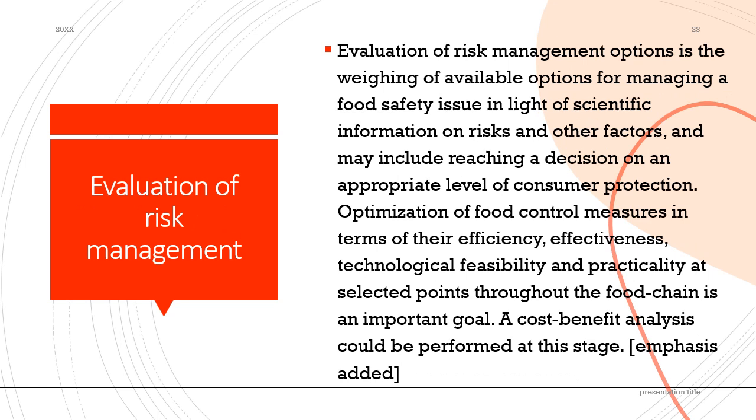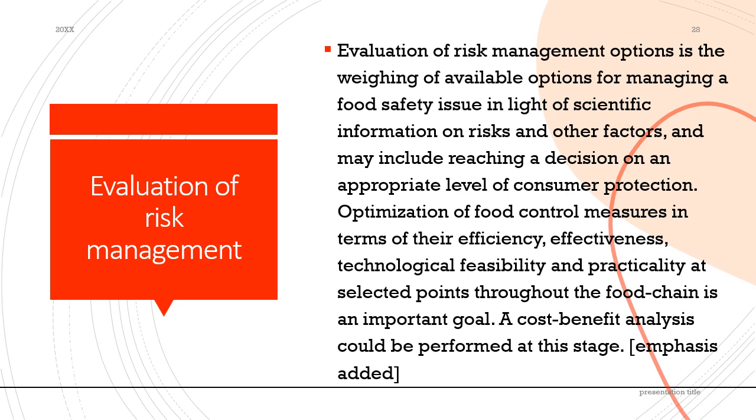The second is the evaluation of risk management options, which is the weighing of available options for managing a food safety issue in light of scientific information on the risk and other factors, and may include reaching a decision on an appropriate level of consumer protection.